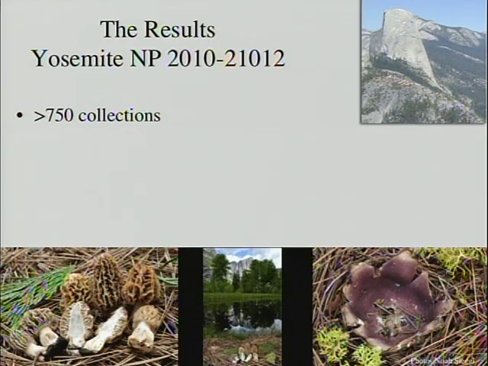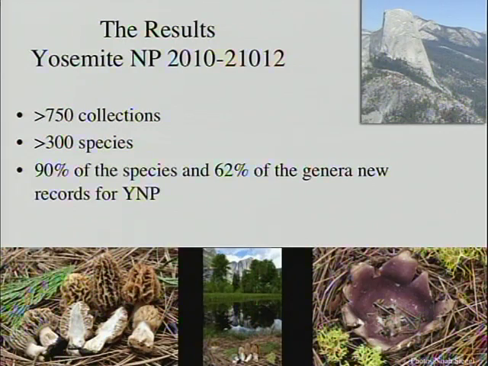The numbers here are quite fuzzy because we haven't really got a good idea about it. But these are ballpark numbers: 750 collections, a load of species. And there we had some idea about what had been found in the park before because the park has a small herbarium. So most of what we've been finding is new to the park. And we have started sequencing these collections.